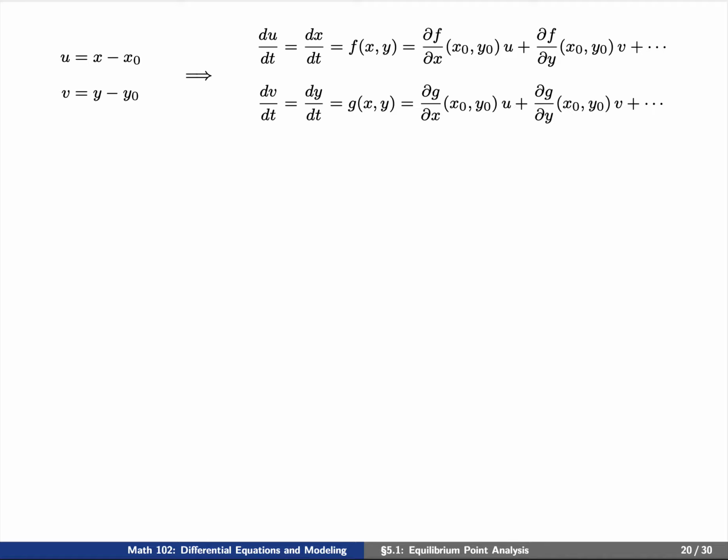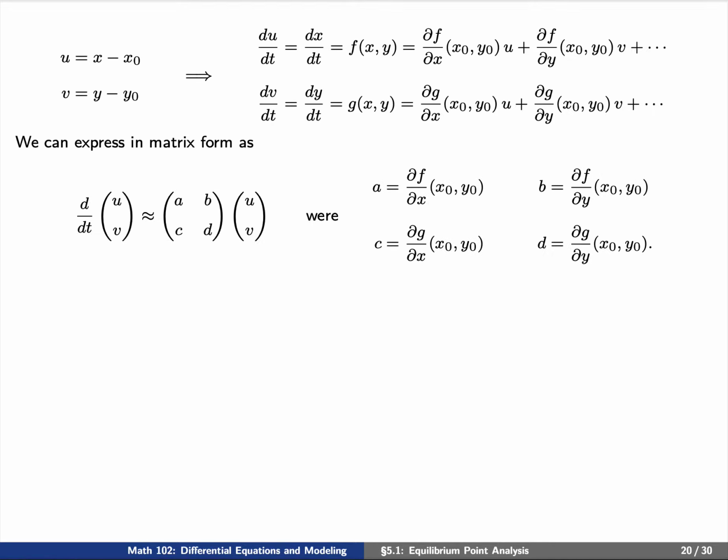Similarly, dv/dt equals partial of g with respect to x times u plus partial of g with respect to y times v plus higher order terms. This means that we have the following approximate expression for the derivative of the vector (u, v).